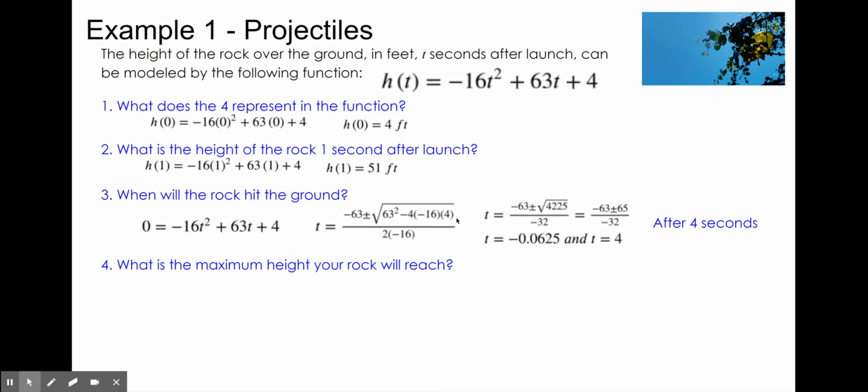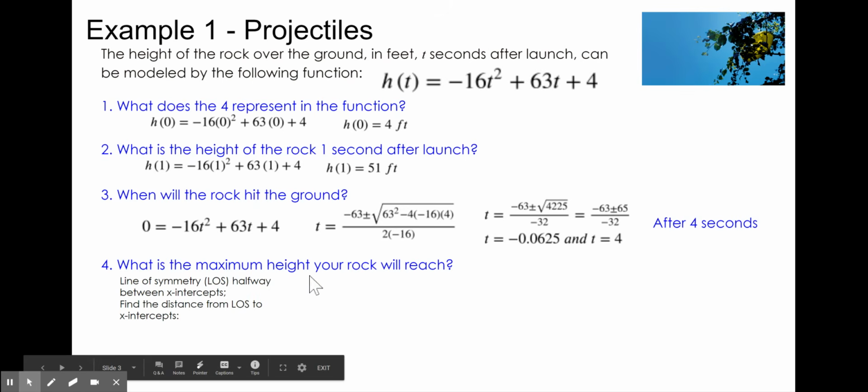What is the maximum height your rock will reach? We could convert our equation into vertex form by factoring out a -16. Or we could remember that the line of symmetry is halfway between the x-intercepts. So we can find the distance from the line of symmetry to the x-intercepts.